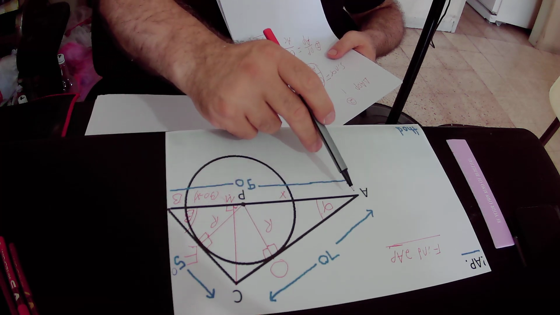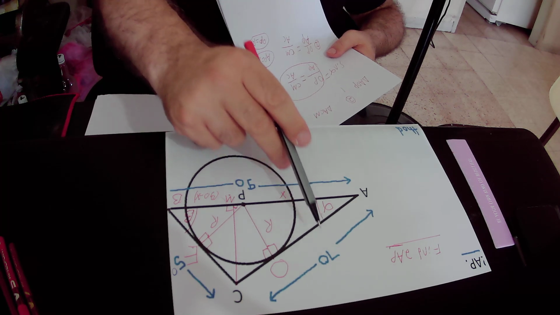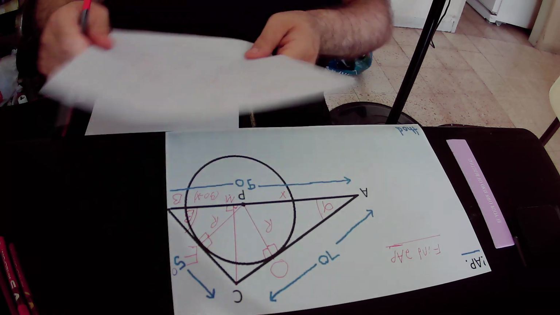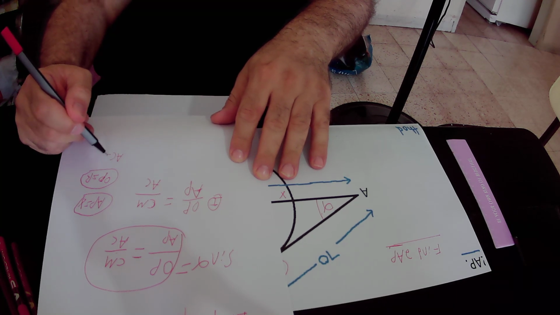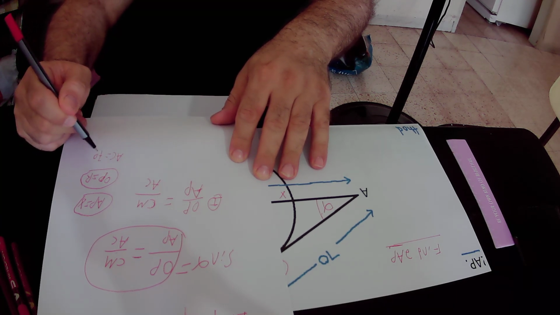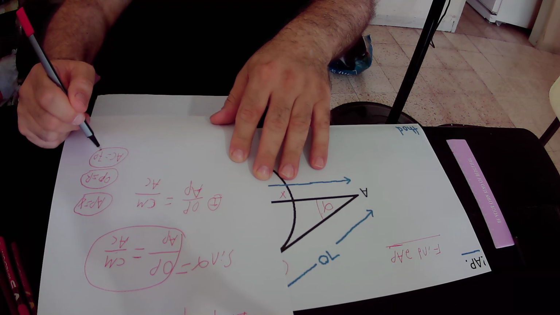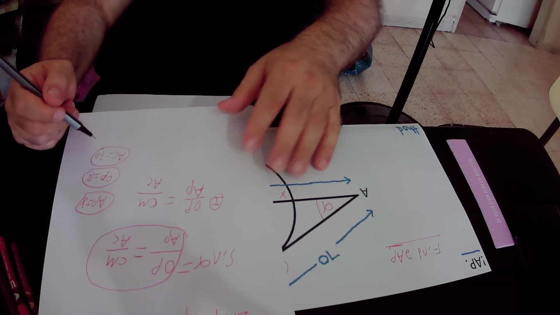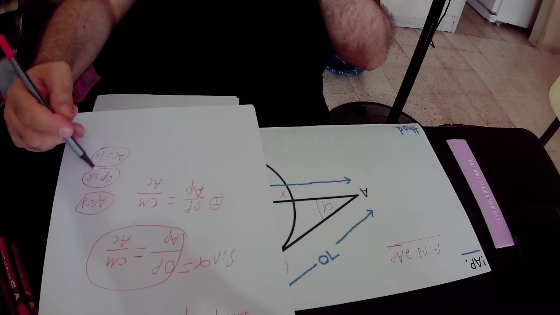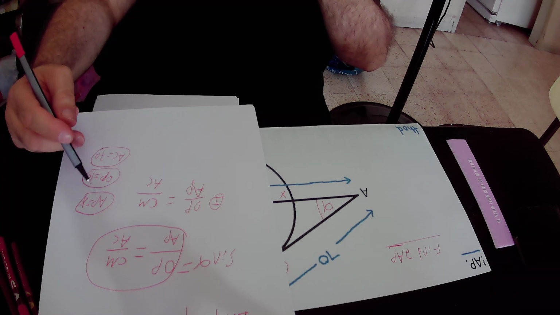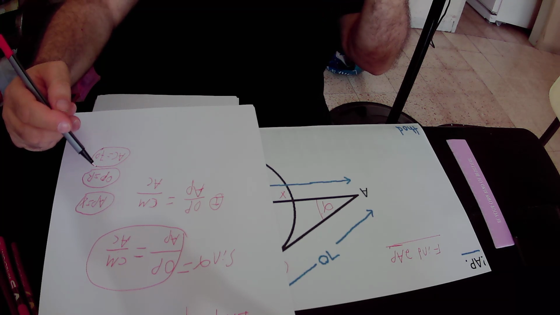We know that the size of side AC equals 70 units. So we can write that AC equals 70. I will not add the word units because it is correct for all the other variables, AP and OP, all are units.